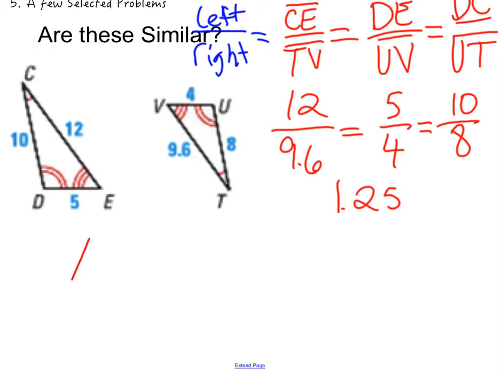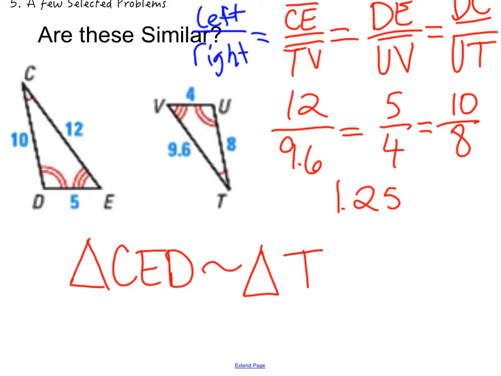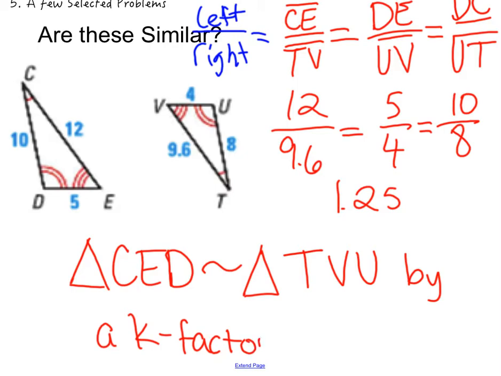So then we can say triangle CED is similar to triangle TVU by a K factor of 1.25.